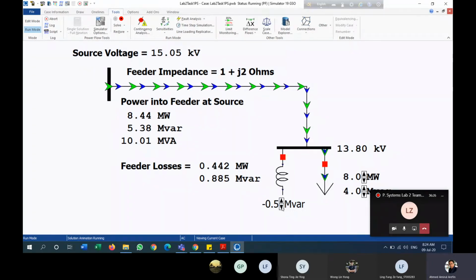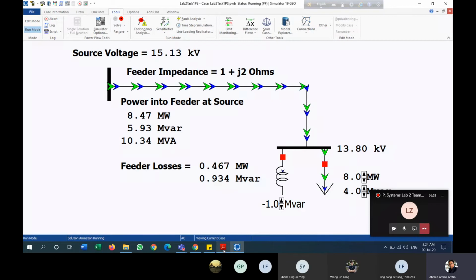By using only this component, you can control the sending end voltage, and not only control it, you can also increase the sending end voltage, which is the source voltage, by using the shunt reactor.